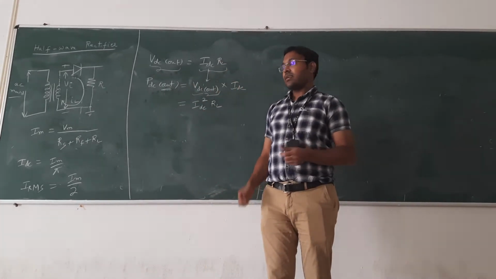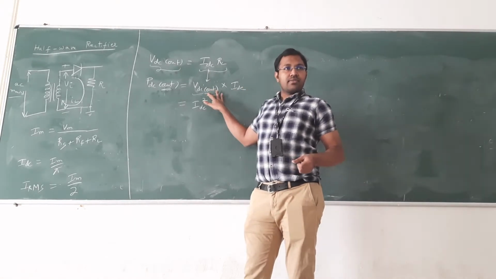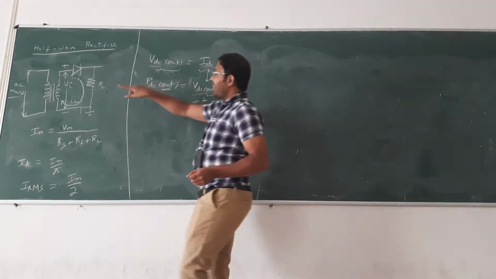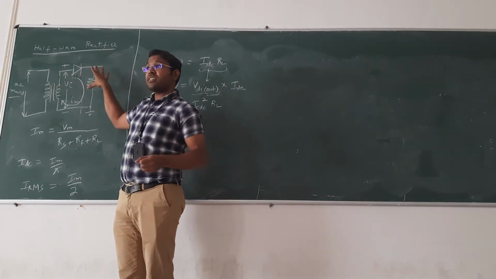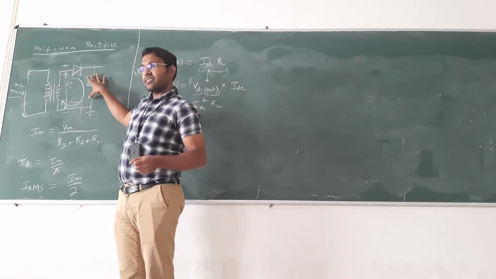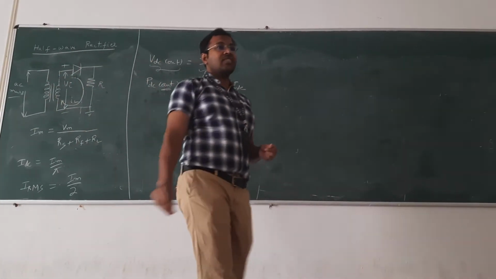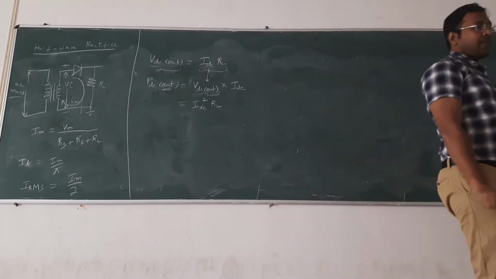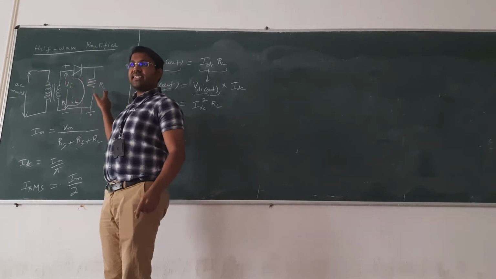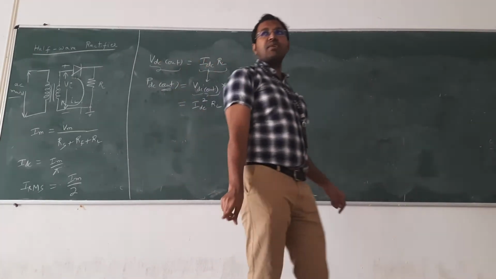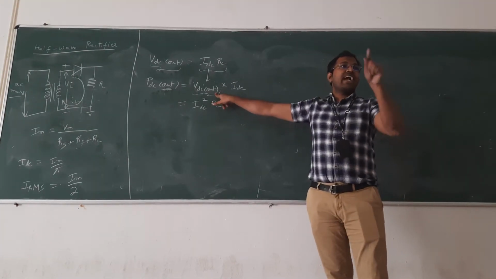Now, for voltage we are writing out because through the loop the current is the same, but the voltage is not the same. We have three variables: the input voltage, the diode voltage, and the output voltage. Voltages are not the same. That is the reason for voltage we are mentioning out.